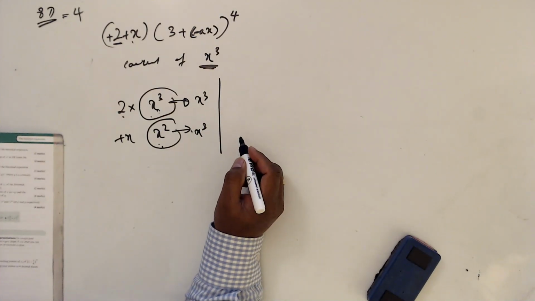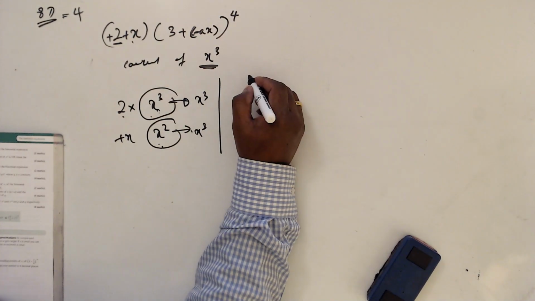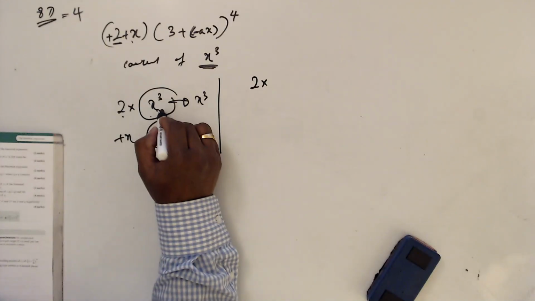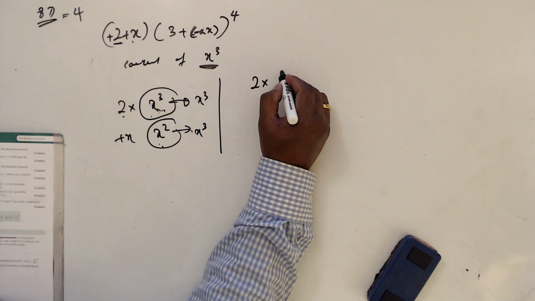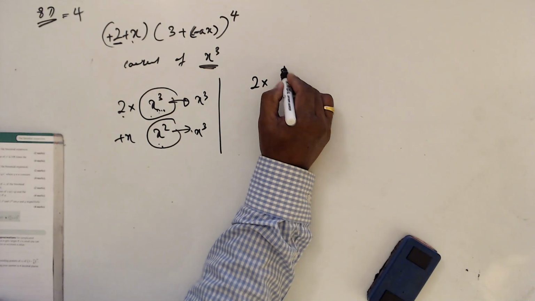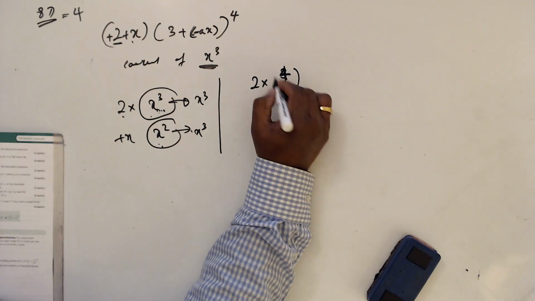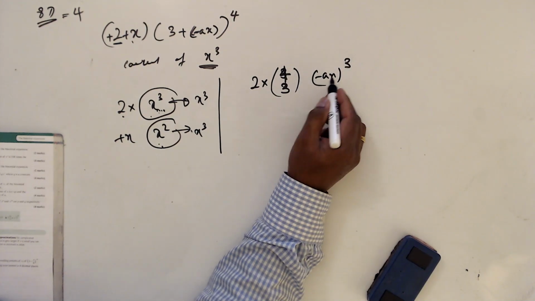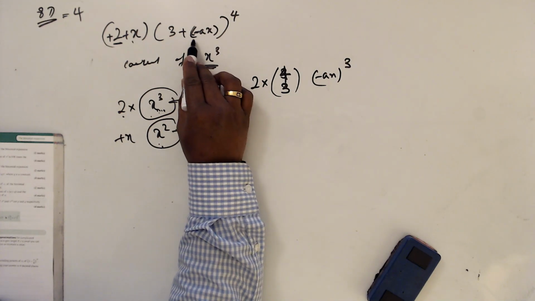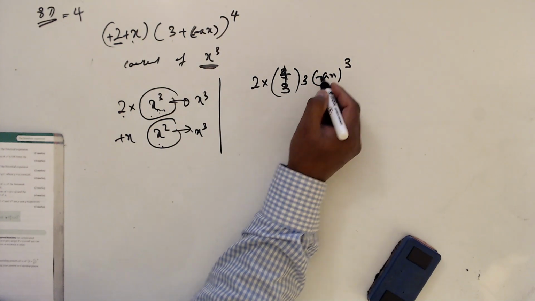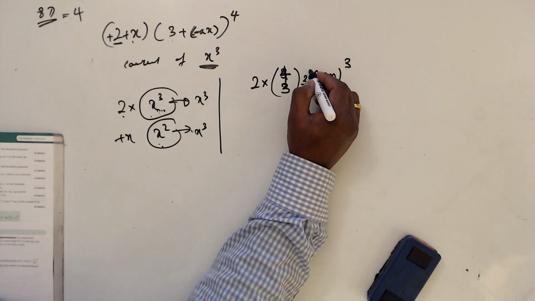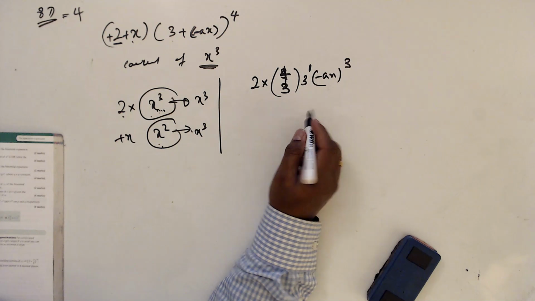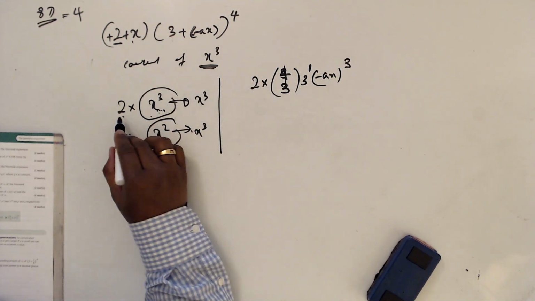So 2 times the x cube term, how can I write? 3, 4, 3 minus x cube, and this is going to be 3, 1, 2.